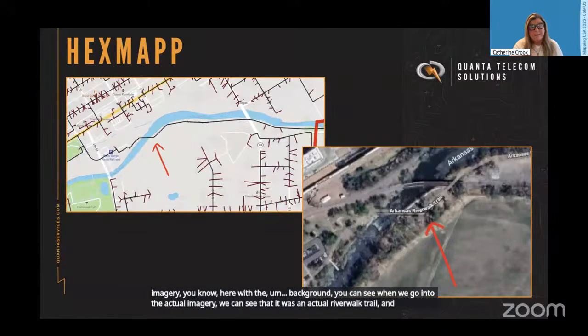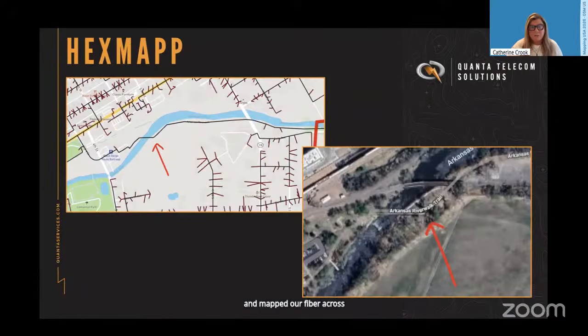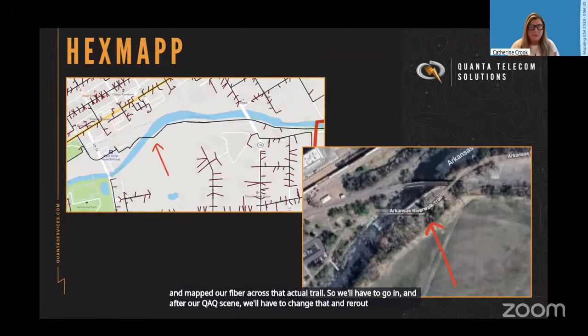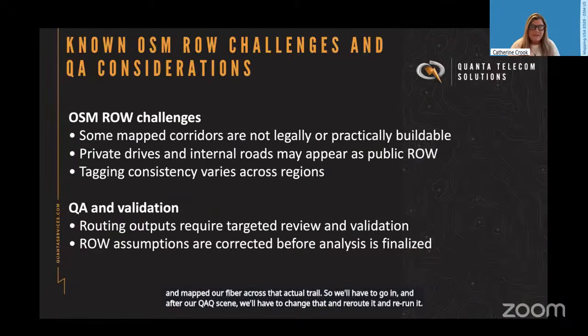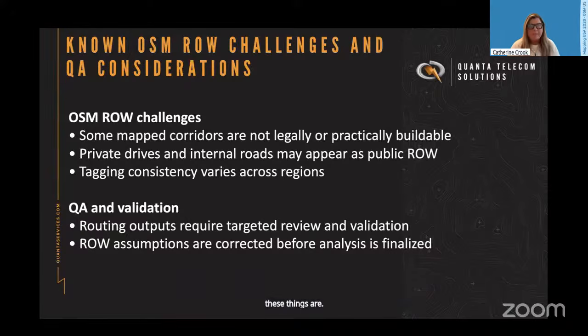You can see in the upper corner where I pointed, it has taken that trail and mapped our fiber across it. So after our QA, QC, we'll have to go in, change that, reroute it and rerun it. These things come up frequently for us.